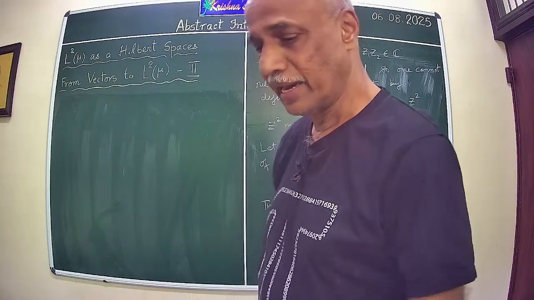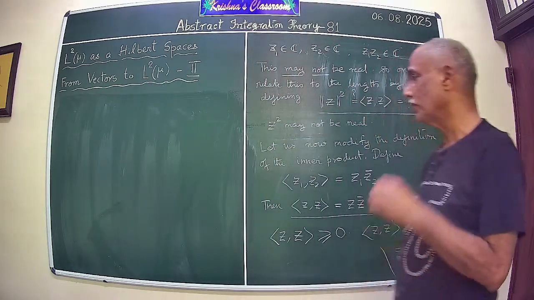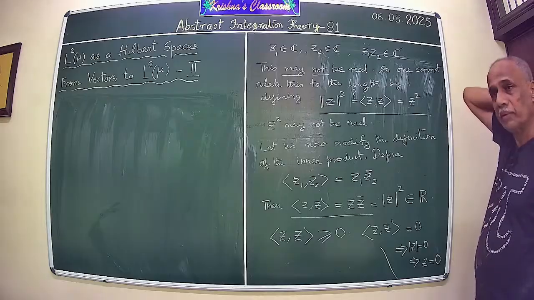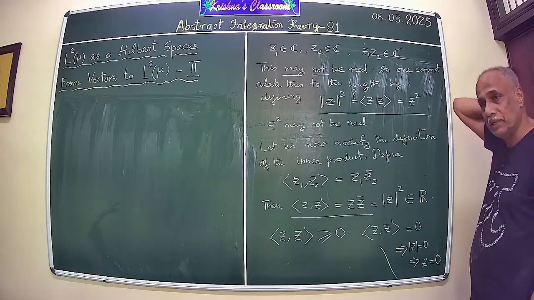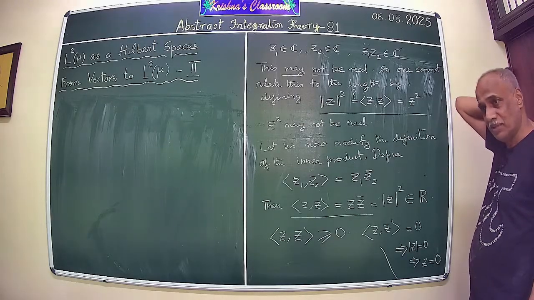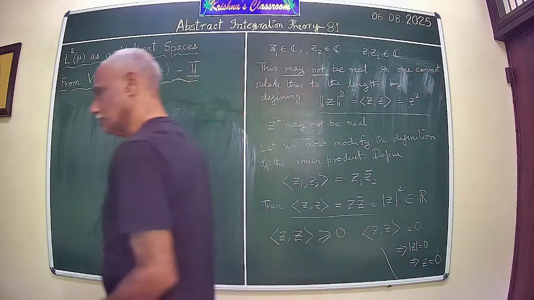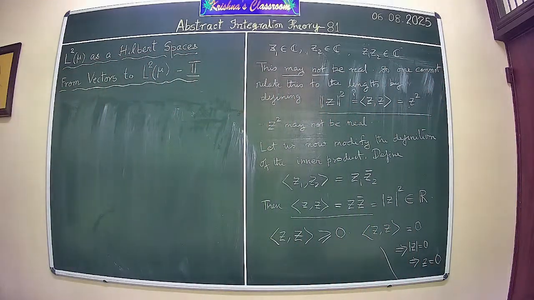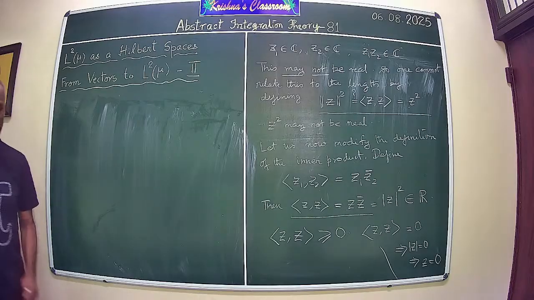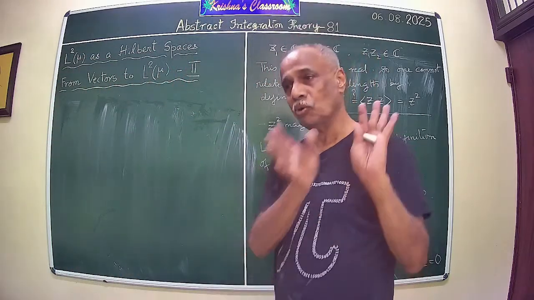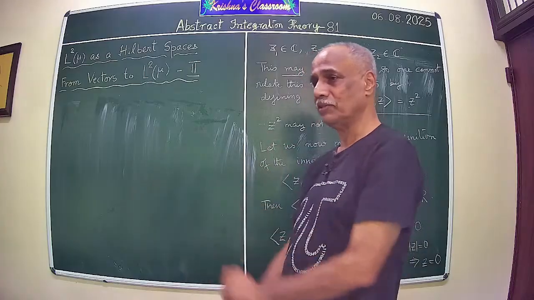We will see soon. And these are the important things that you have to look at. Sometimes a straightforward generalization may not work. Therefore, you may have to rethink the whole thing, rework the whole thing. But when you rework, the original case that we have considered, if it turns out to be a part of this, then the old definition should agree with the new definition.